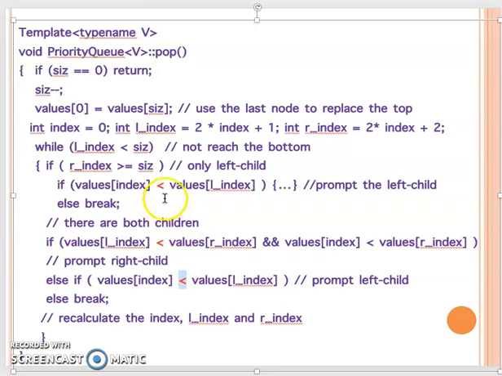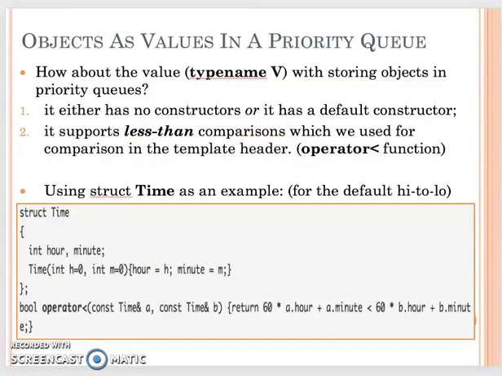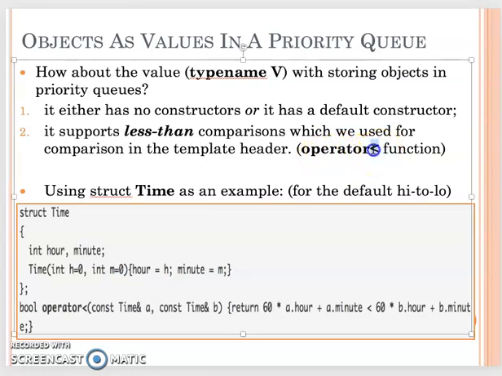If you try to mix up greater than and less than in your header file, that means for the value object in the priority queue, you need to make sure it has all the overloaded comparison operator functions included.